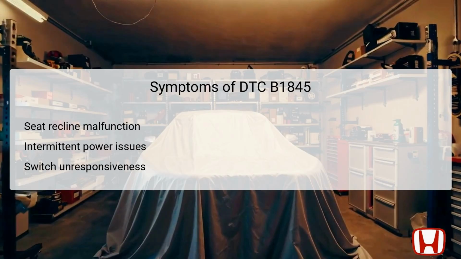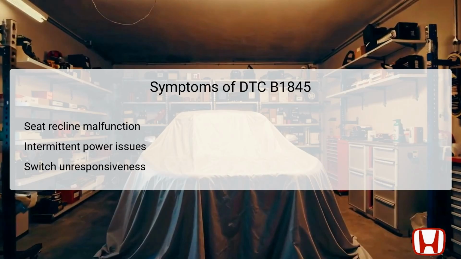This inconsistency could lead to unresponsiveness of the seat adjustment switch, leaving the driver unable to find a comfortable position. Inconsistent behavior often points to underlying electrical issues like loose connections or internal component faults. Recognizing these symptoms allows technicians to narrow down the focus during the troubleshooting process, leading to quicker resolution of the underlying problem.